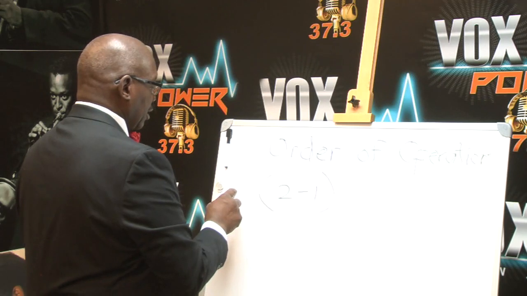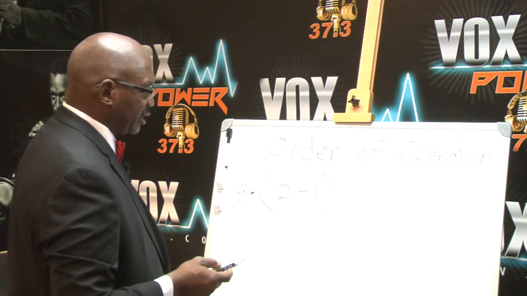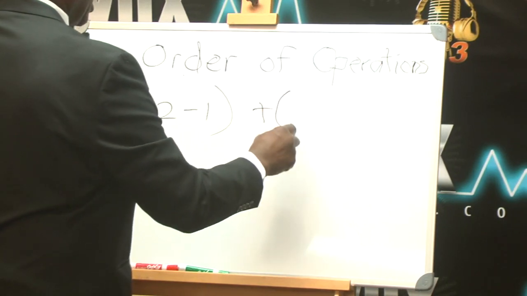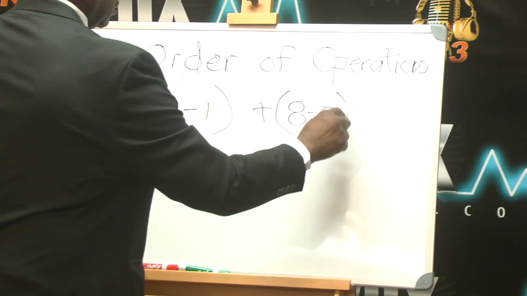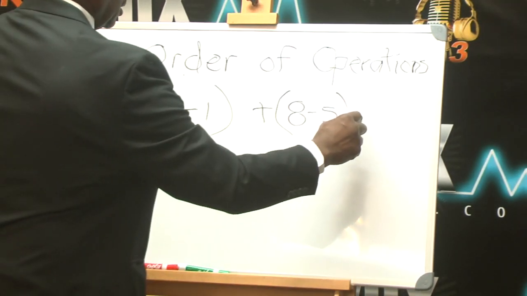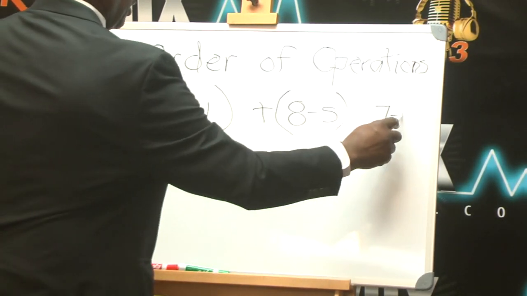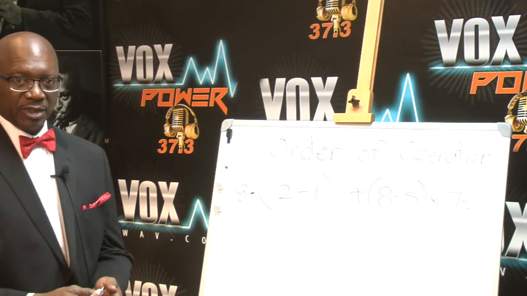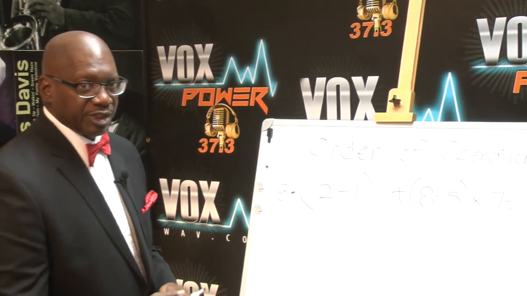Outside the parentheses, it may say 8 times, that little dot represents times, plus the quantity again, 8 subtract 5, times 7 equals. Again, order of operations, parentheses, exponents, multiplication, division, addition, subtraction from left to right, whichever comes first.